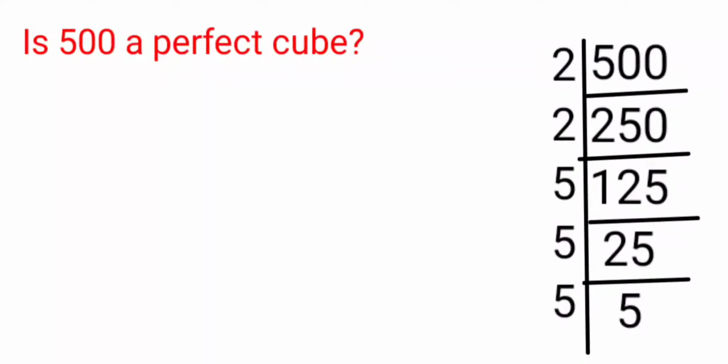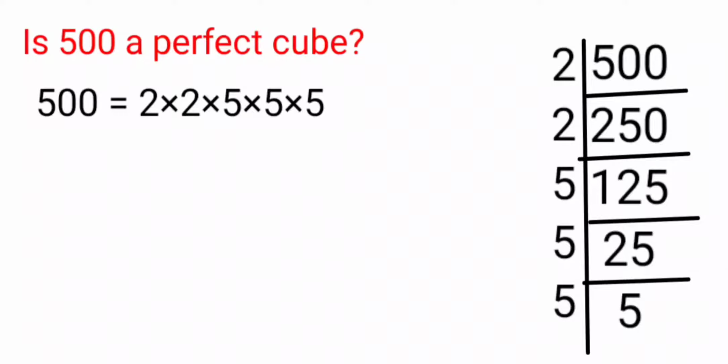Is 500 a perfect cube? First find out its factors. So these are the factors of 500: 2 into 2 into 5 into 5 into 5. Here 5 is in a group of triplet.